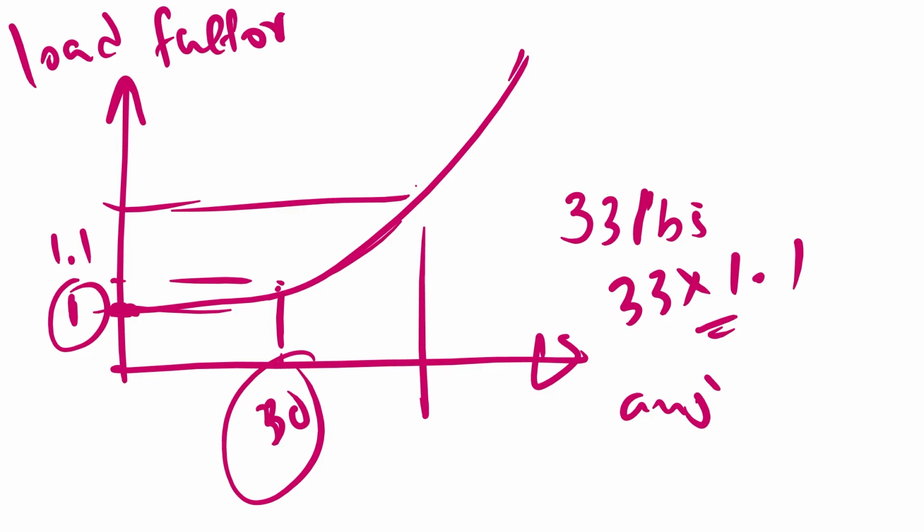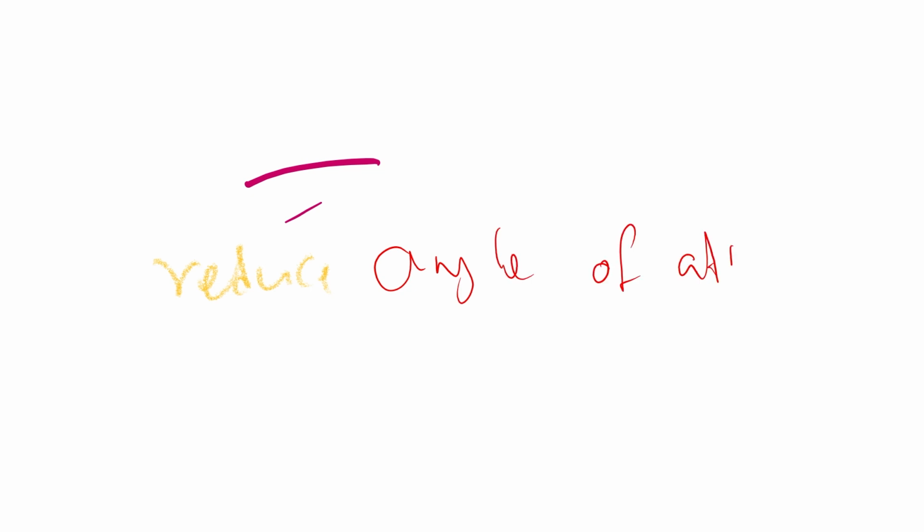Okay, so when stalling, what to do when stalling? Let's discuss what we need to do if the aircraft is stalling. If the aircraft is stalling, we need to reduce the angle of attack, right? Reduce the angle of attack. That is really important.